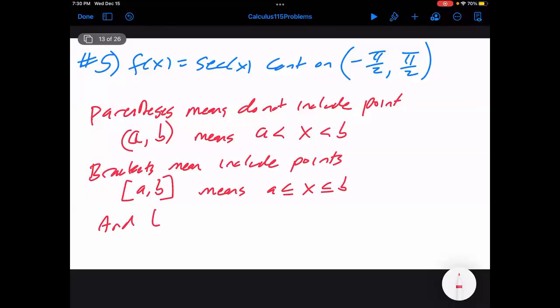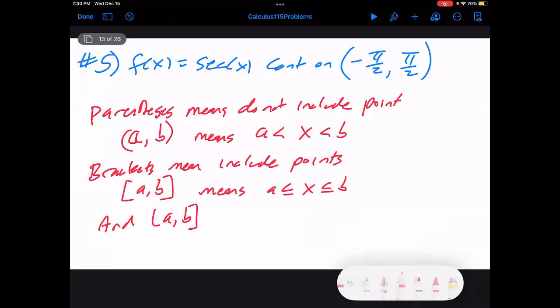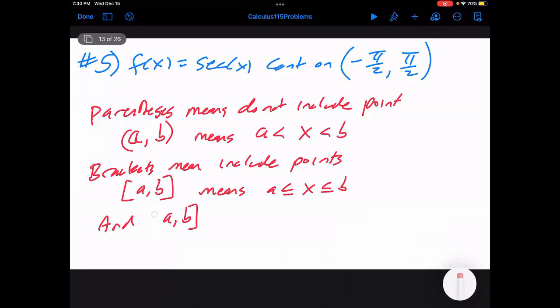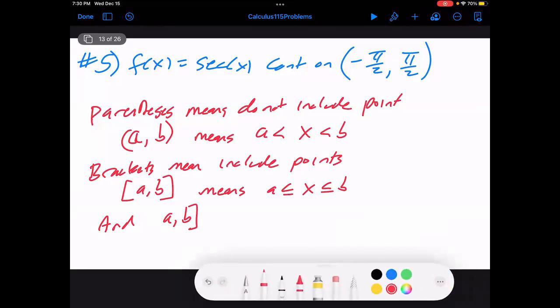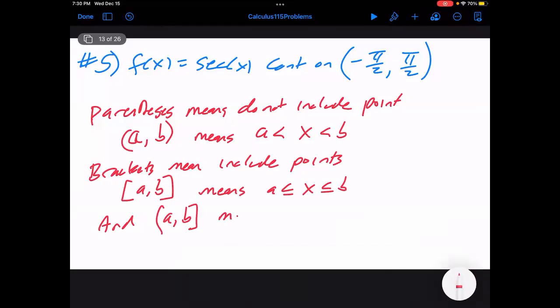And what if I give you parentheses a, b bracket? That would be a is less than x, which is less than or equal to b. So for this function, is it continuous on minus pi halves to pi halves?